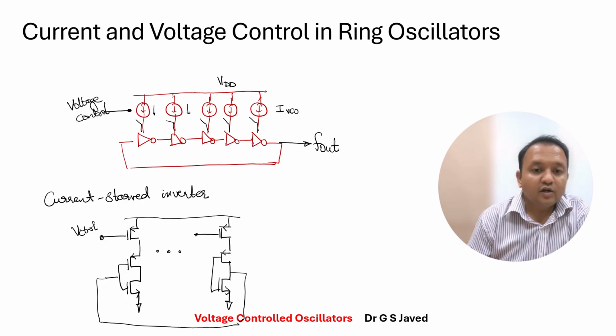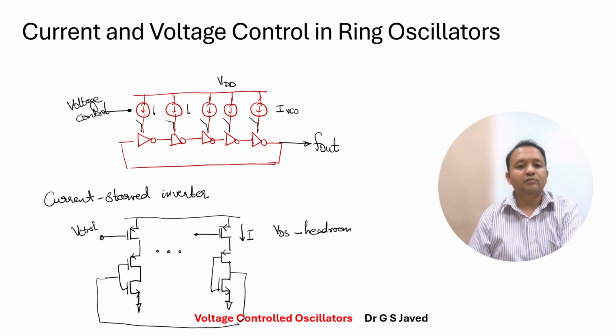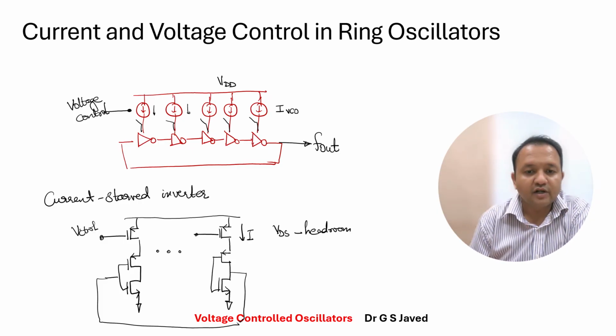So this is a good current starved inverter, and this is how you would do a voltage and a current control. Now what this would do is starve the amount of current. Current gets starved due to the VDS loss, or the headroom that gets lost due to adding this stack of PMOS devices. So this will reduce the total amount of current that can go into the system.